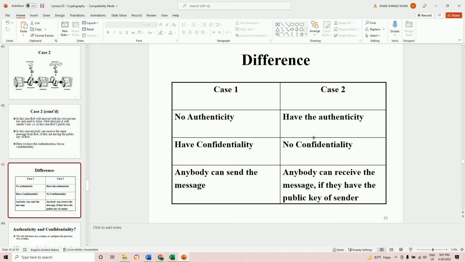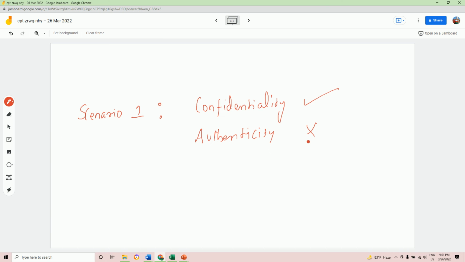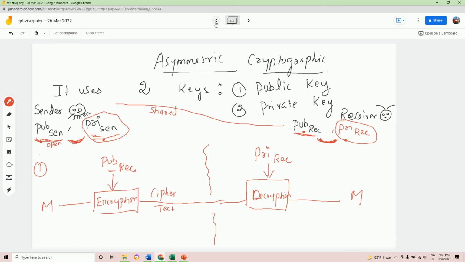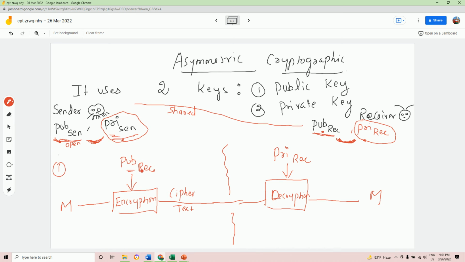So what is authenticity? The message is encrypted. There is a cipher text going through the internet network. If somebody hacks, they cannot see the message because the message is encrypted.